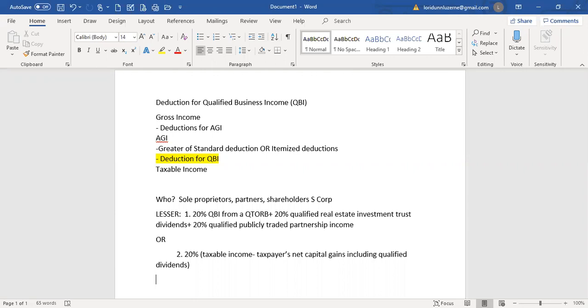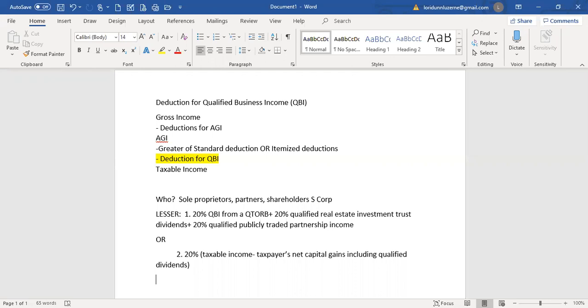That's what's explained on page 629. So once a single person's taxable income is at $213,300, there's no QBI allowed. They're trying to weed out people who are considered higher income.